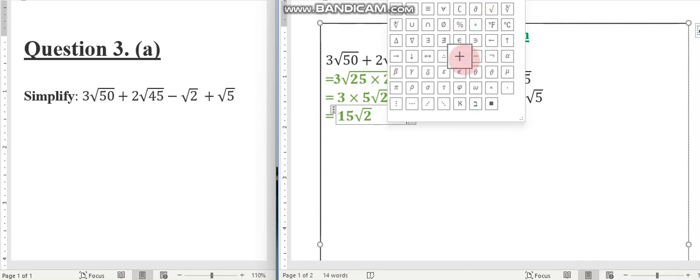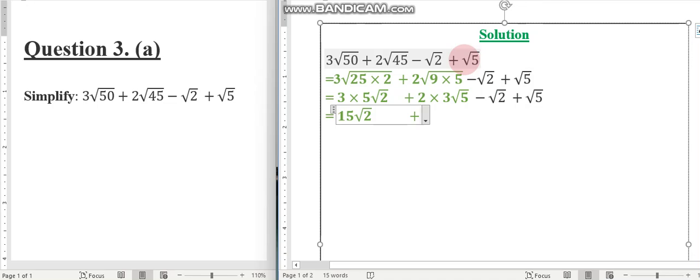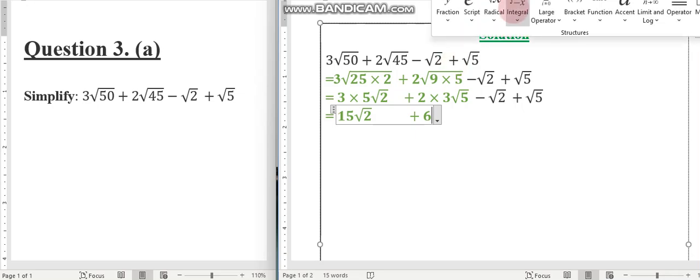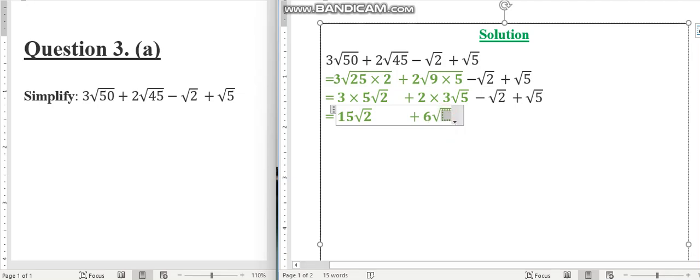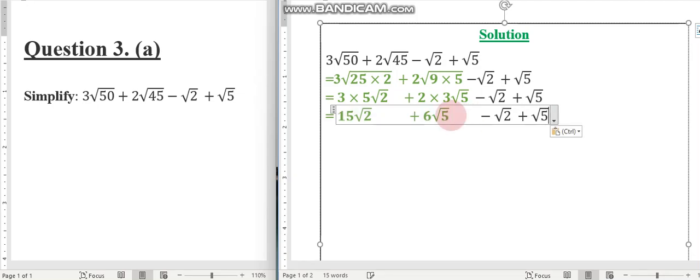So we have the plus, this plus 2 times 3 is 6, so 6 root 5. Then we are done with this side. So let's move on to the last part. The last part, once again, is already simplified, so we just have to re-paste it in there, like this.